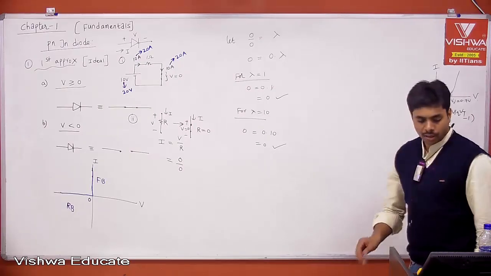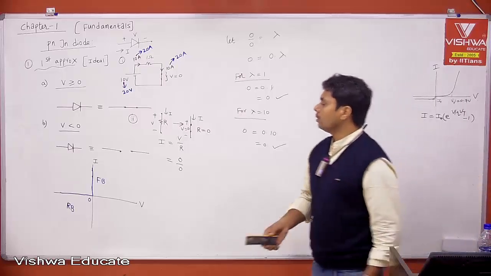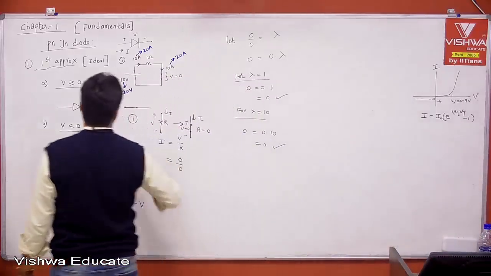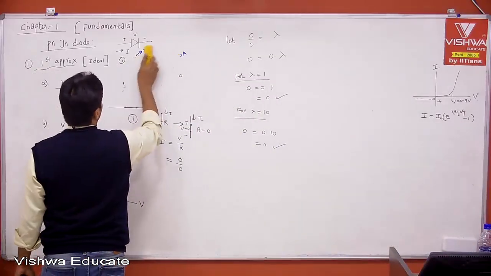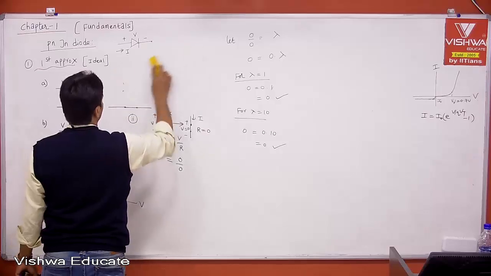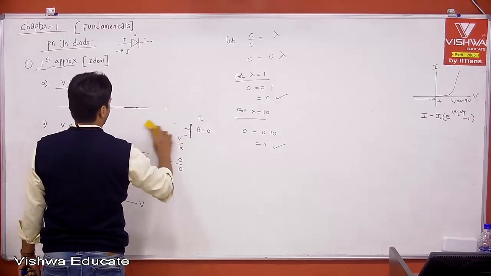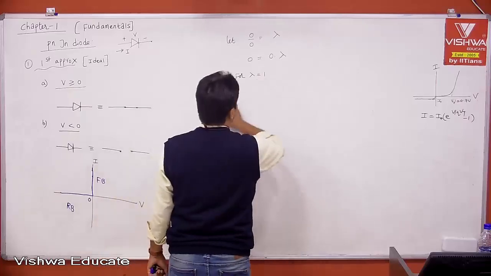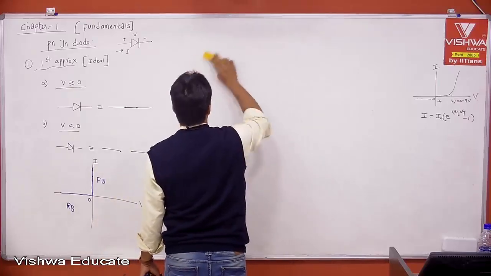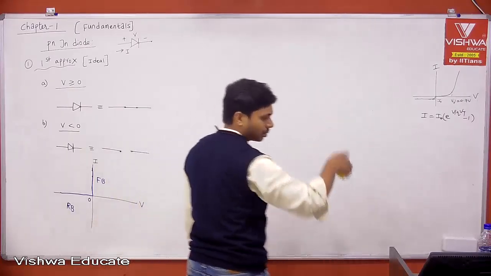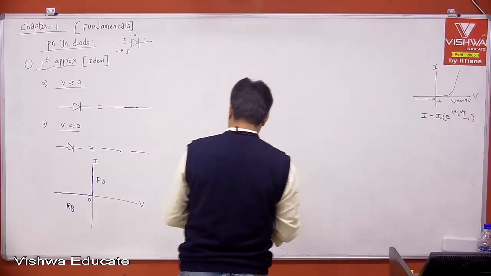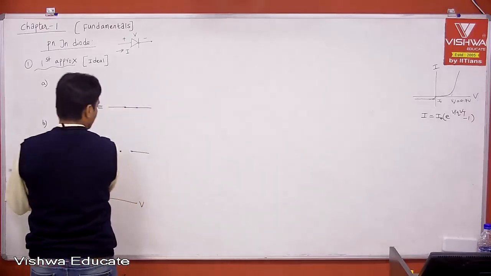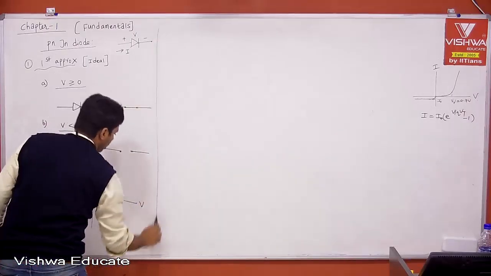I hope this is done. Now write down second approximation. See, as the approximation level is increasing, we will be going towards the exact relation. But this is the ideal model.